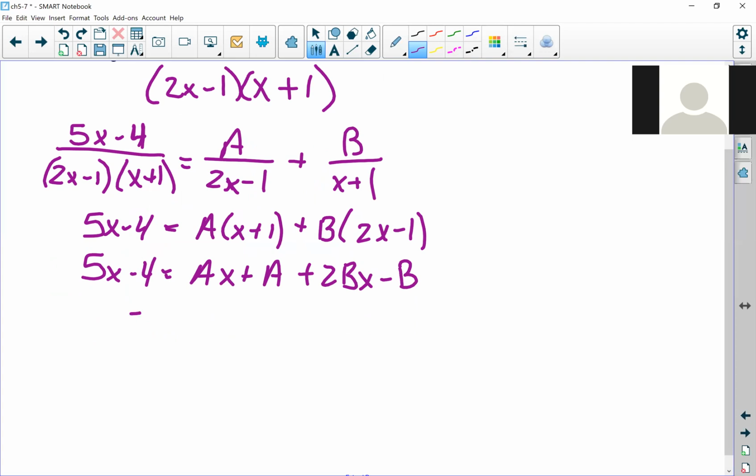Rewrite. 5 has to be a plus 2b because those are the coefficients with my x's. Negative 4 has to be a minus b. Those are the coefficients of my constant terms.